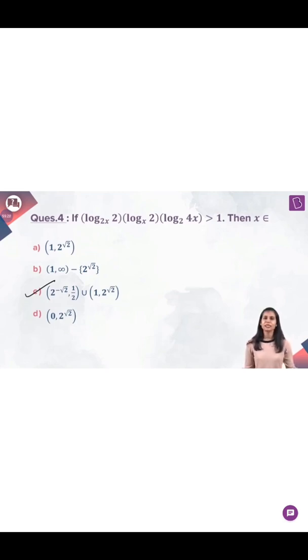I have many more good problems to solve, but time constrained, I'll have to wind the session up here. I agree that today the questions that we discussed were pretty much on a difficult end, but let's not lie to ourselves, we have to increase our level of problem solving if we want to perform well in the main exam. It's really better always to sweat in the training rather than bleed in the main battlefield.